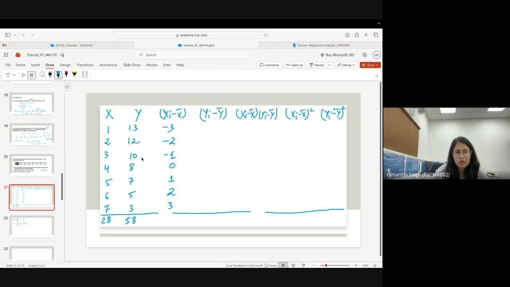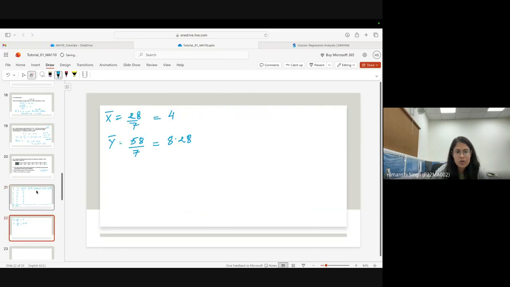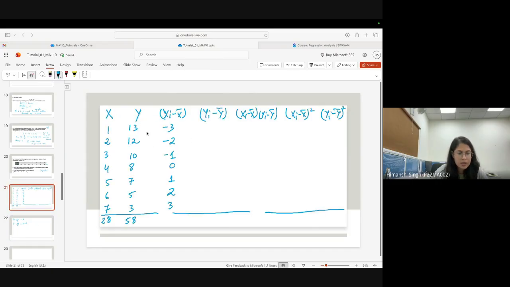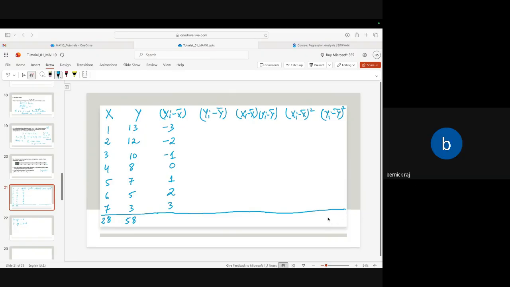And what will be yi minus y bar? The y bar is 8.28. So 13 minus 8.28 will be 4.72.